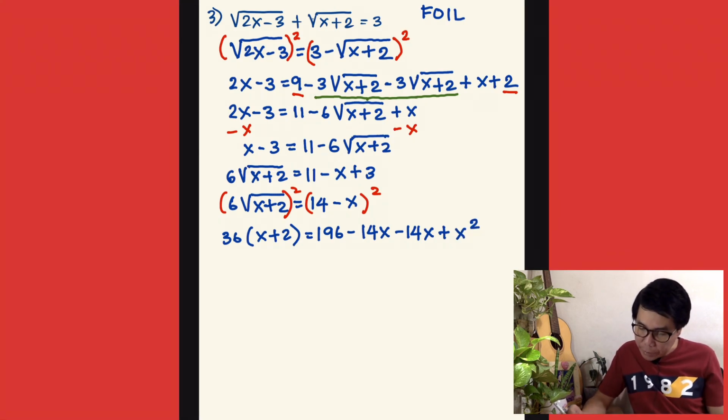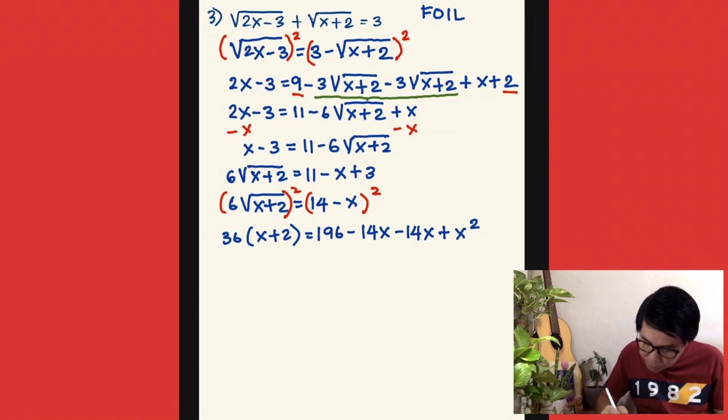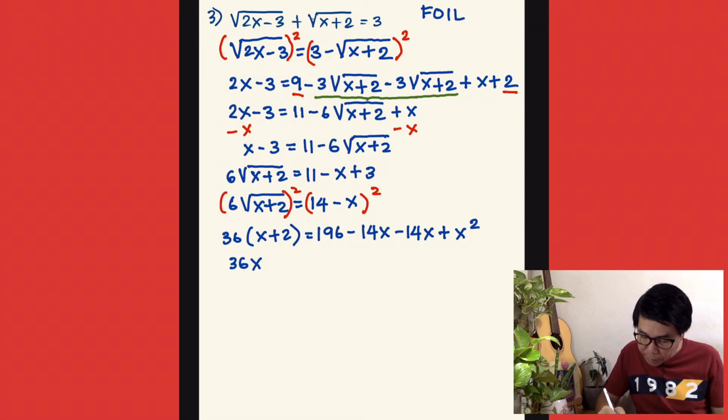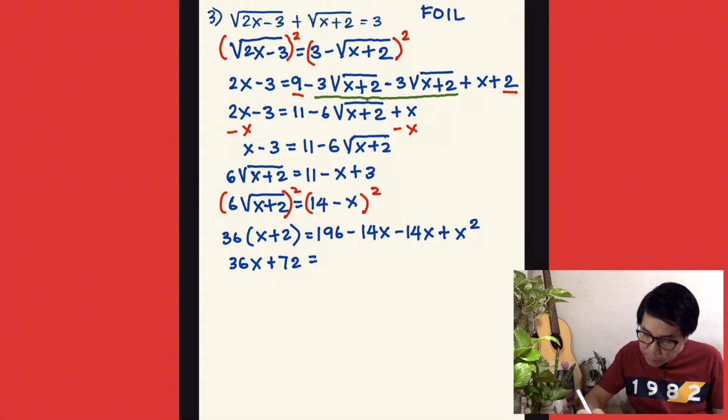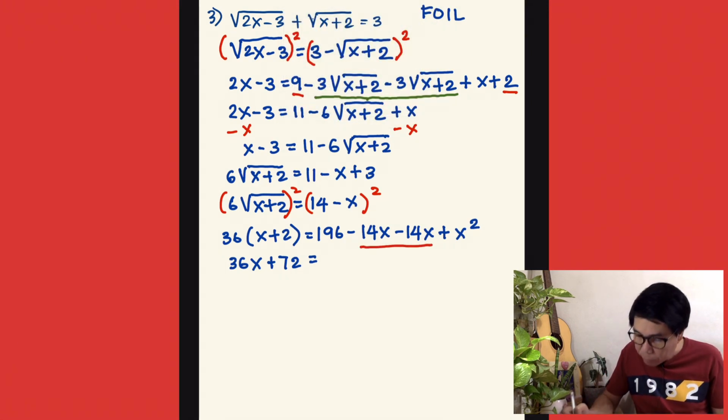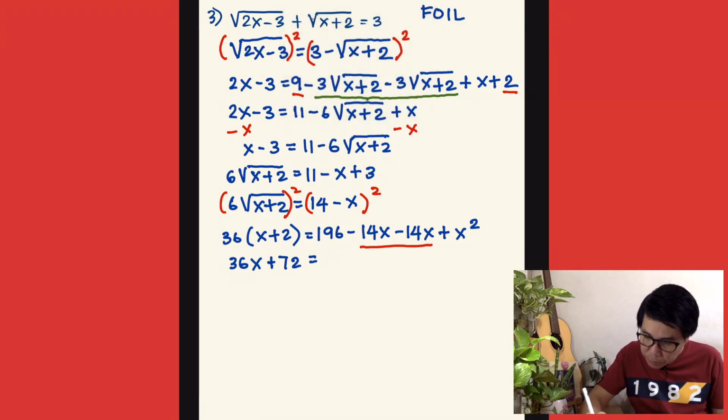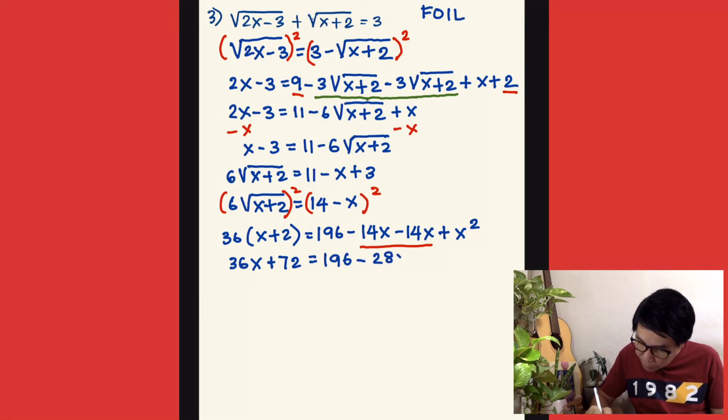Now we have to collect the same terms on the right side, but we can also distribute: 36 times x is 36x, and 36 times positive 2 is positive 72, is equal to, we can combine the negative 14x and negative 14x, so it will give us 196 minus 28x plus x squared.